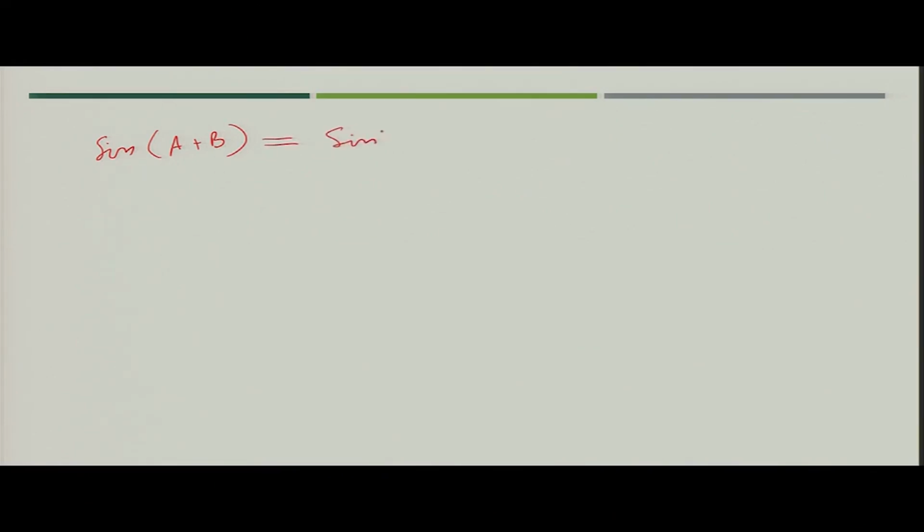You will write sin A cos B plus cos A sin B. Now, instead of sin(A+B), if you are asked to find the value of sin(A-B), simply replace plus with minus, that is sin A cos B minus cos A sin B.